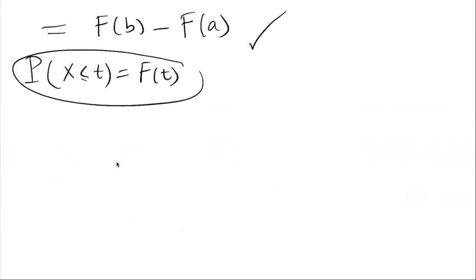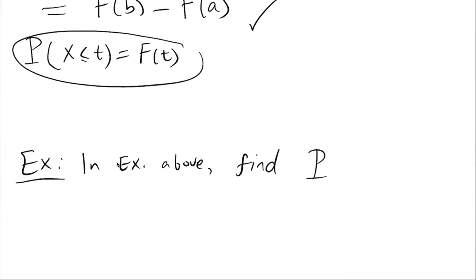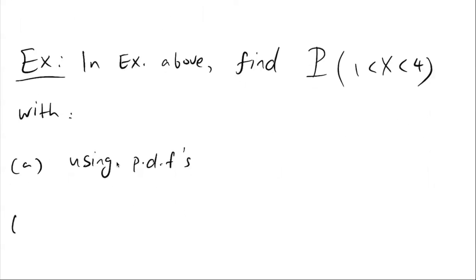So let's look at an example. In the example above, find, let's say, P of X between 1 to 4, with part A using PDFs, part B using CDFs.